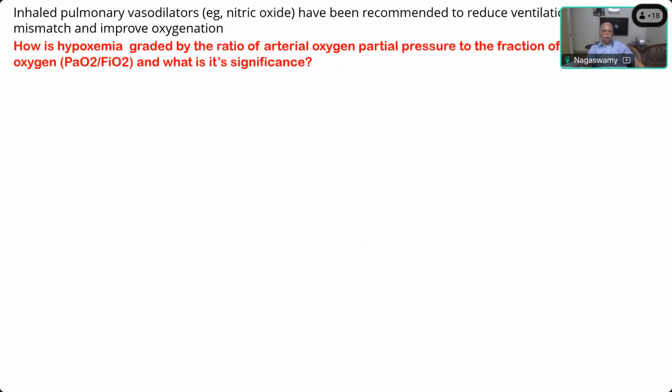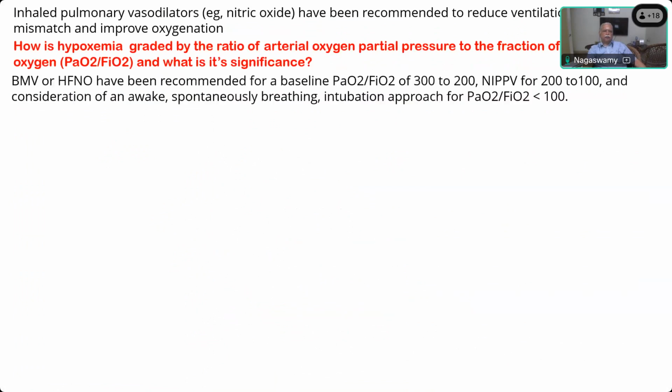Then how is hypoxemia graded by the ratio of arterial oxygen partial pressure to the fraction, that is PaO2 by FiO2, and what is its significance? So when you do bag mask ventilation or use high flow nasal oxygen, what should be the normal PaO2 to FiO2 ratio? More than 300.